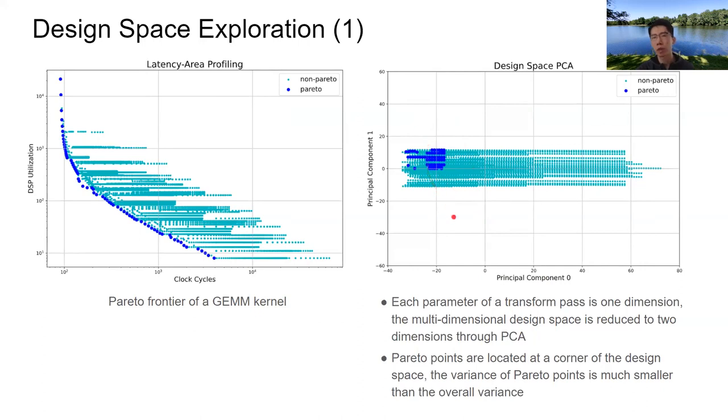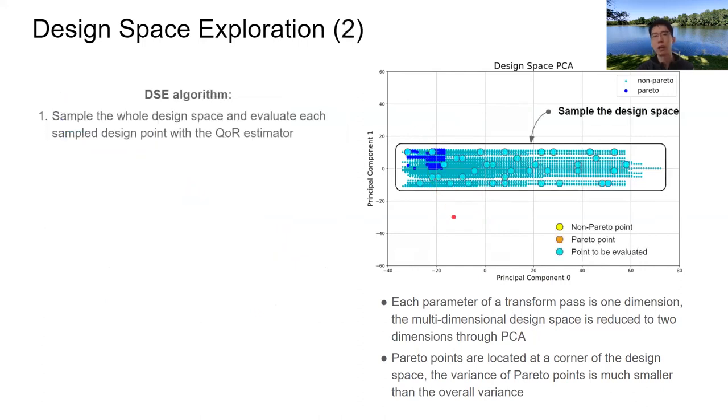And on top of this observation, we developed a straightforward DSE algorithm. As the first step, we randomly sample the whole design space and evaluate each sampled design point with the quality result estimator.